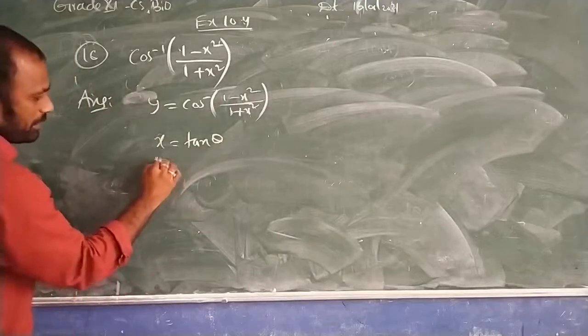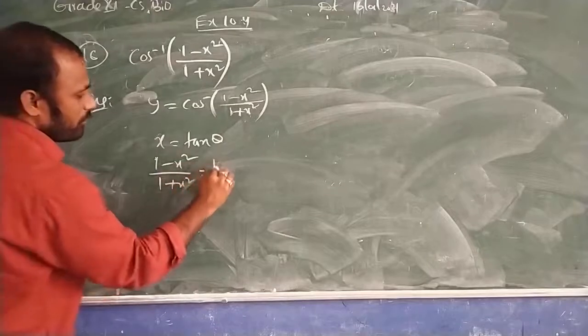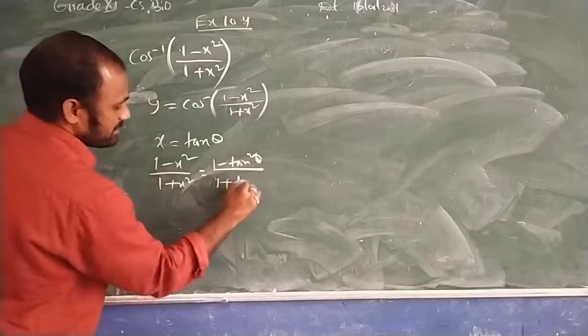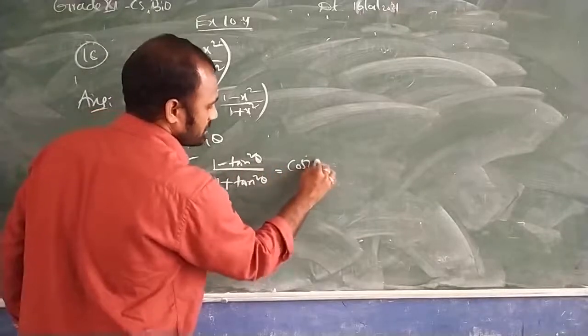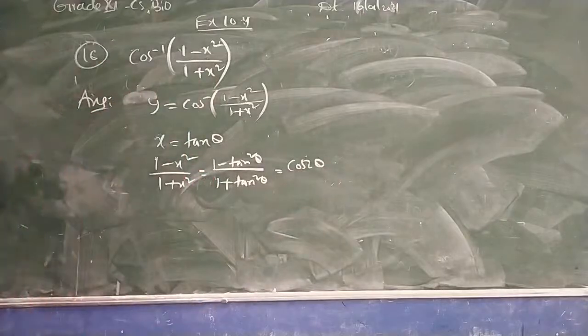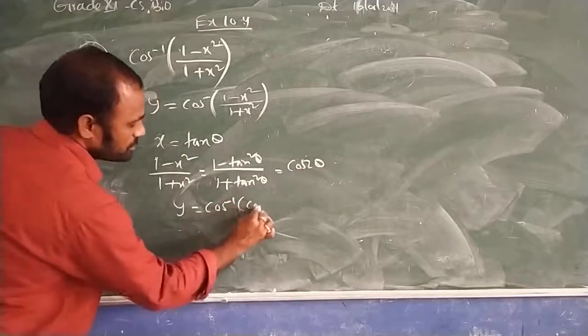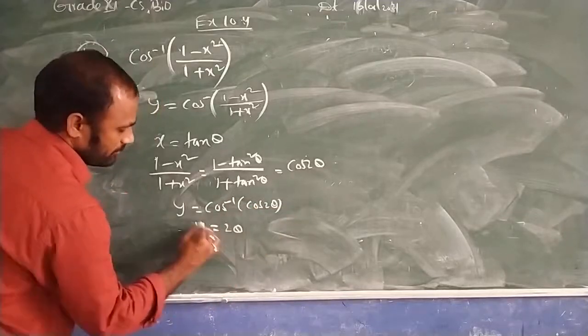Then 1 minus x square divided by 1 plus x square will become 1 minus tan square theta divided by 1 plus tan square theta. If you solve this, we get cos 2 theta. So the function will become y is equal to cos inverse of cos 2 theta, so that is y is equal to 2 theta.